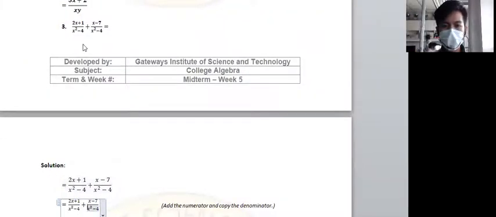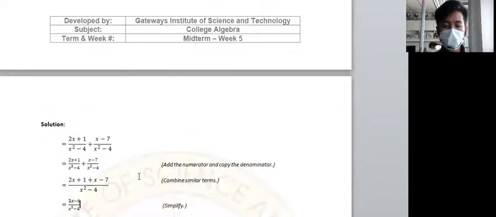So example number 3, we have 2x plus 1 over x squared minus 4 plus x minus 7 over x squared minus 4. So for our solution, pagsasamahin po natin yung numerator po natin.